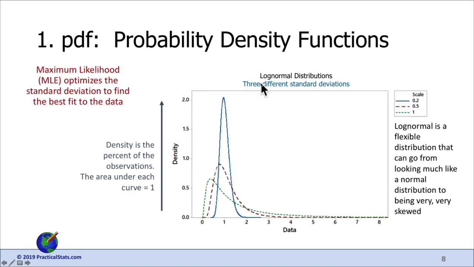Here's 3 different log normal distributions. And so if you tell it that you want to use a log normal, it's going to find the best standard deviation, which is the main thing that's changing this shape. It's called scale up here because it's the standard deviation in log units. So here the solid curve is one that has a fairly small standard deviation, and it looks pretty much like a normal distribution.